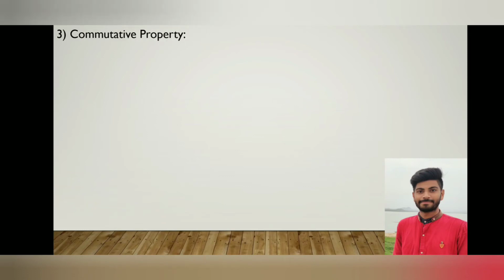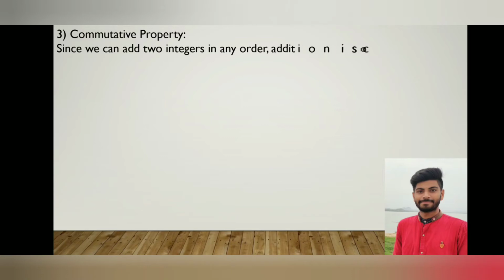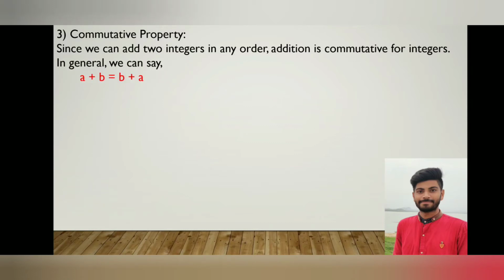The next property is the commutative property. Since we can add two integers in any order, addition is commutative for integers. Let's see an example, then we will understand it more. In general, a plus b is equal to b plus a.